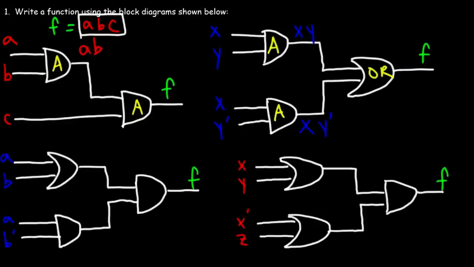Now the OR gate is going to take the two inputs and add them together. So the output of the OR gate will give us the function XY plus the other input XY prime.